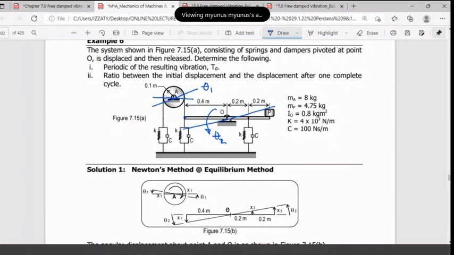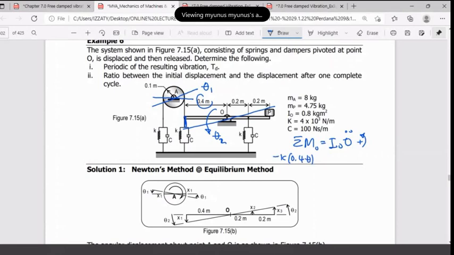So what you have is summation of moment about O is equal to I about O theta double dot, rotating that way positive. So this one be K X, isn't it? X will be this part, 0.4, means 0.4 theta.